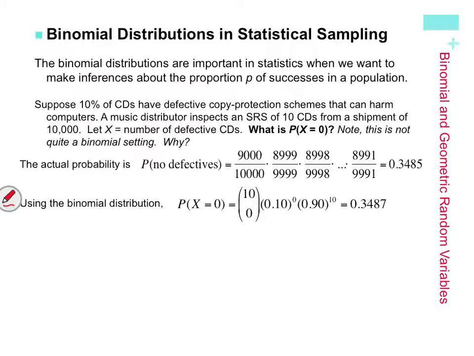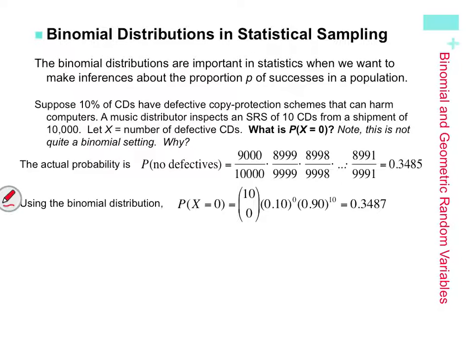So despite the fact that it's not exactly a binomial setting, because it's not necessarily independent, what happens on the first will affect the next. It violates the I in BINS. We're still going to do it because of a certain situation.